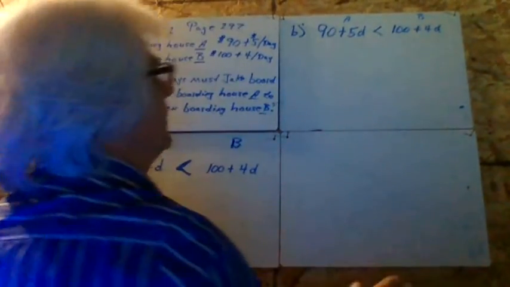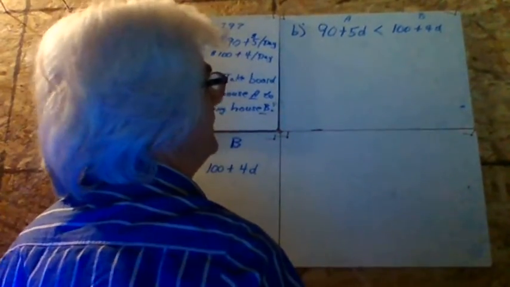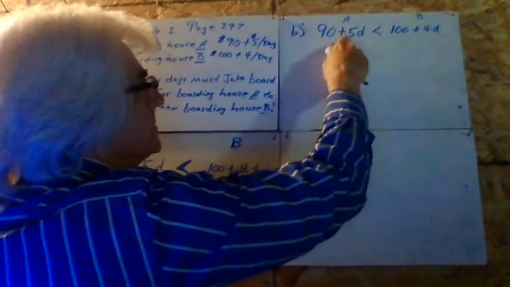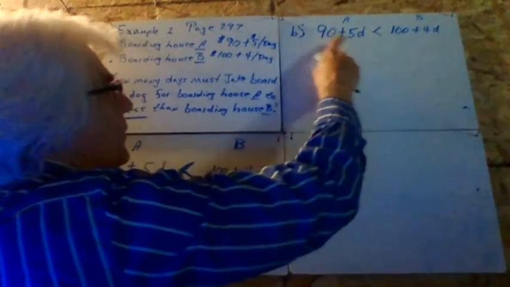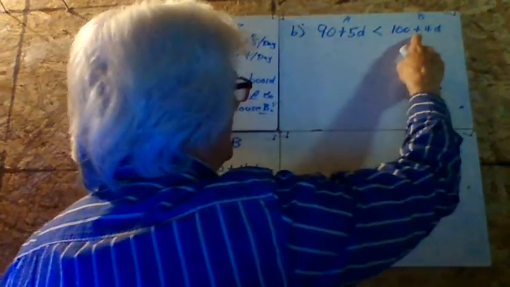So what I'm going to do with that, I know I need the 5D and the 4D to be together on one side of the inequality. So I'm going to be moving that 4D over to this side. I'm going to leave the 100 here. I'm going to move the 90 over there with the 100.